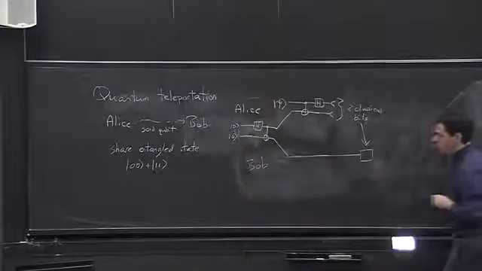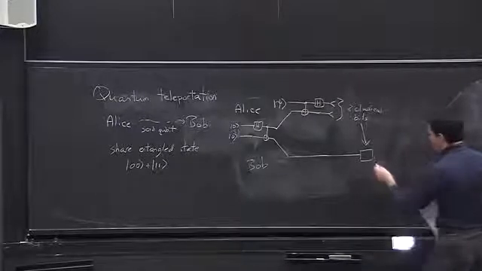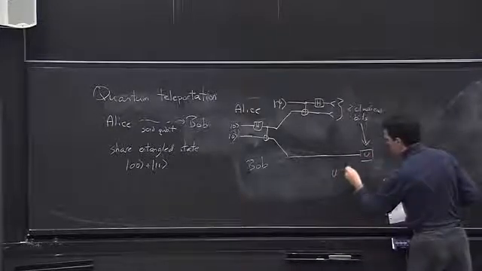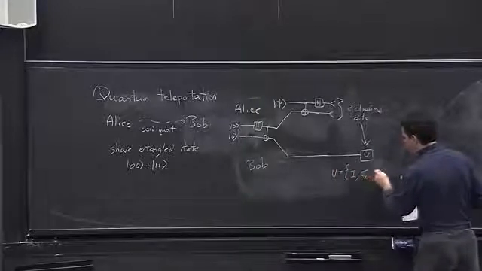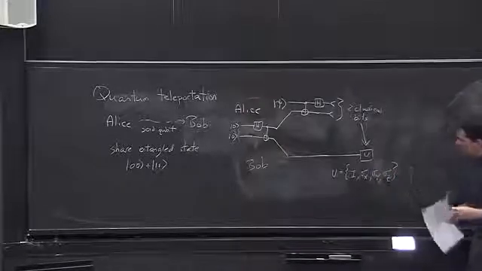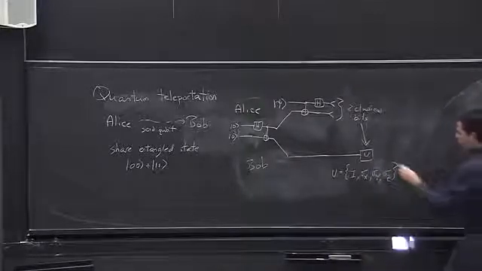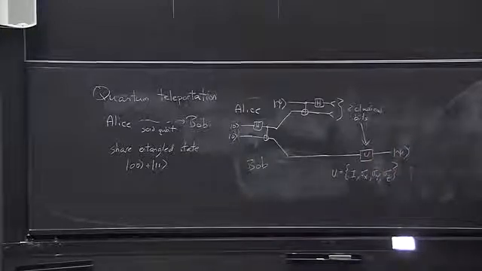And then based on the two classical bits that Bob receives from Alice, Bob does some unitary, which is one of the identity or one of the Pauli matrices. And as a consequence of that, Bob gets back the original state psi.